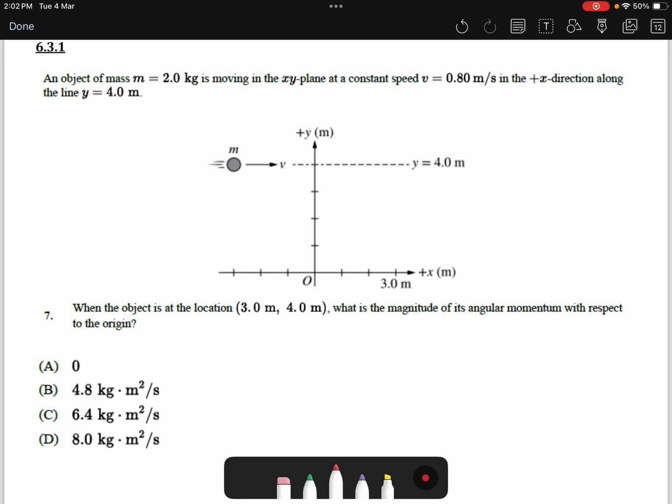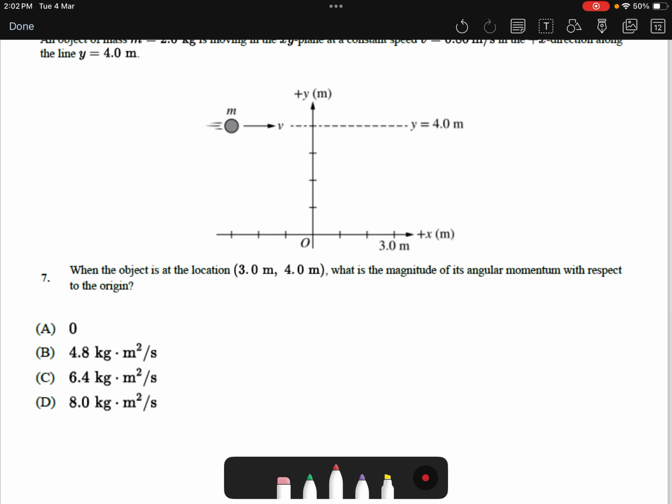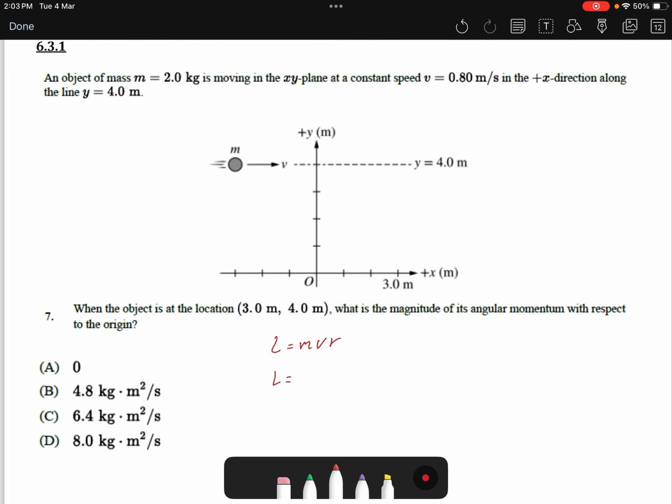For this question, we need to find the rotational momentum, or angular momentum, for this object. We used this formula when we also solved the free response. L equals mvr. L equals the mass, which is 2 kilograms, multiplied by the velocity, which is 0.8, multiplied by the distance r, which is 4.